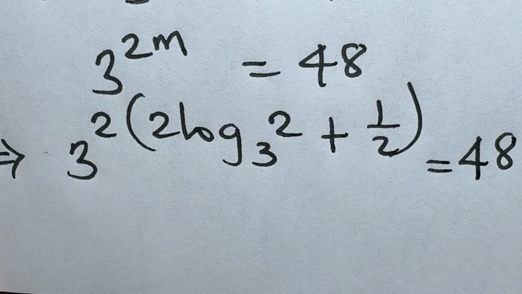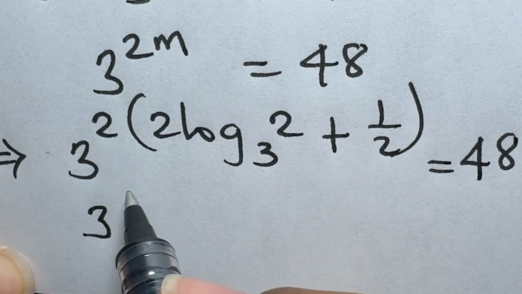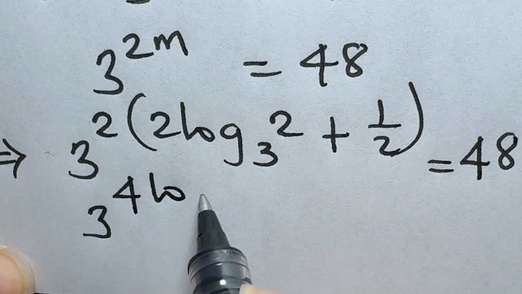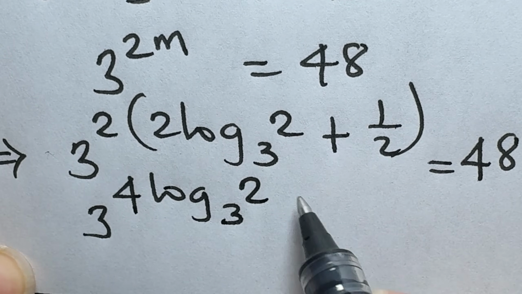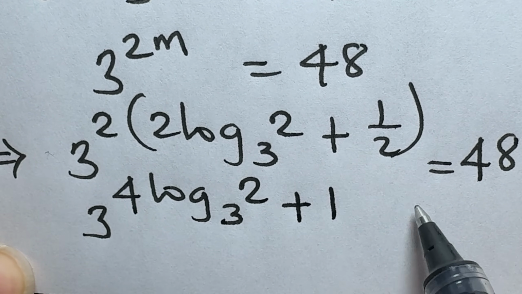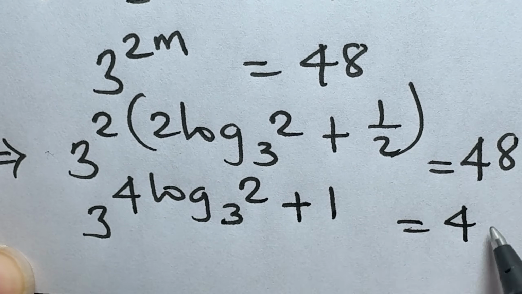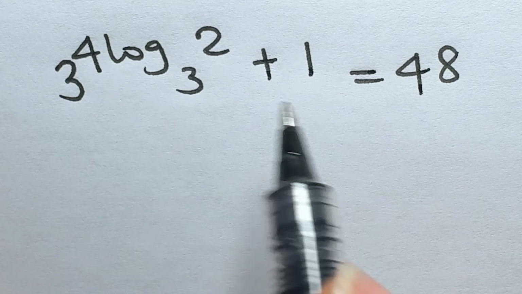If we open up this bracket, this will give us 3 raised to power 2 times 2 here is 4 log 2 base 3. Then 2 times 1 over 2 will give us 1, so we say plus 1 to give us 48. Now let us separate these powers.